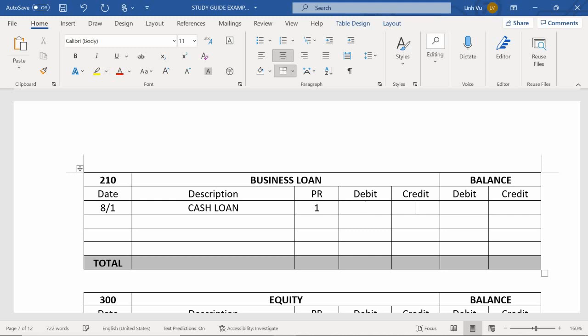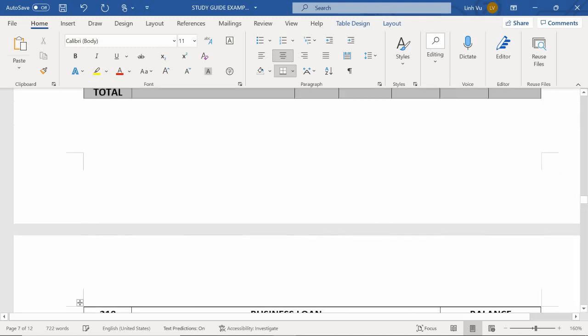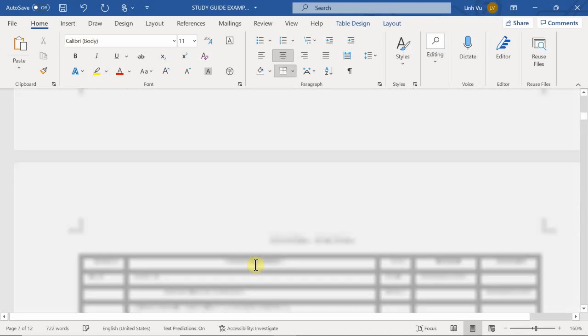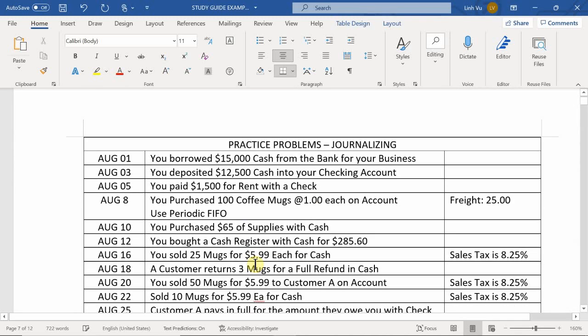Page number 1. We have the credit of $15,000 and $15,000 on the credit balance. Okay, good. So this is the first one.